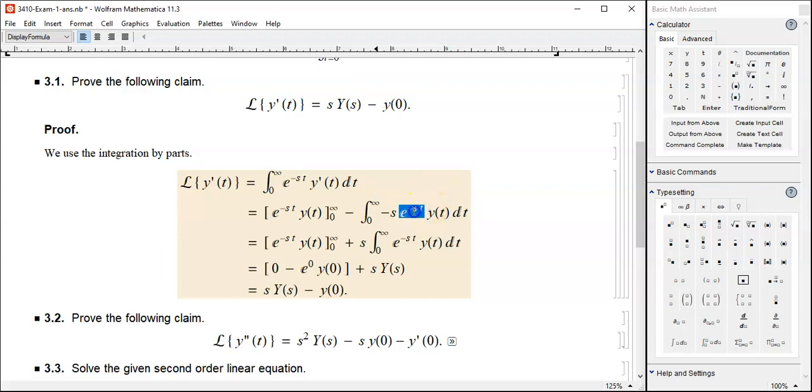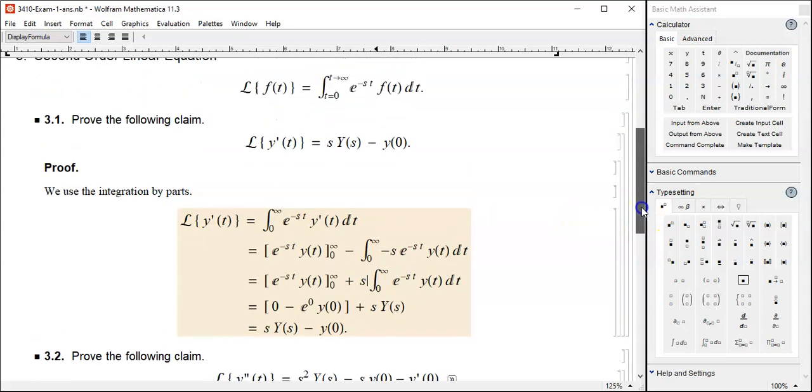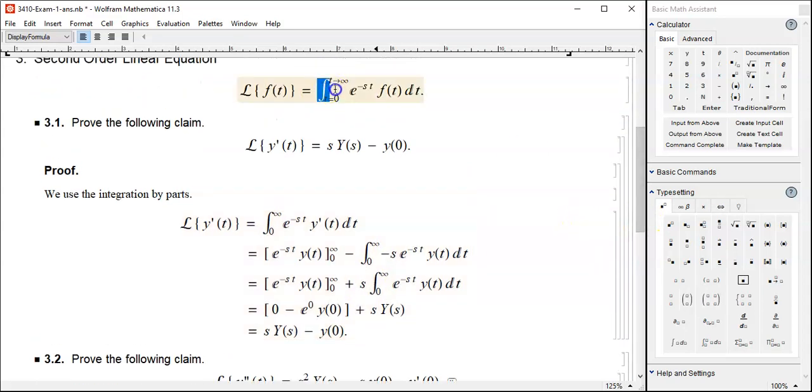What do you get? Exponential stays the same, and by chain rule, we have negative s. So the first line comes from the integrating power. Next, this negative simplifies into positive, and then s is just a constant as far as t is concerned, so I can bring it out.